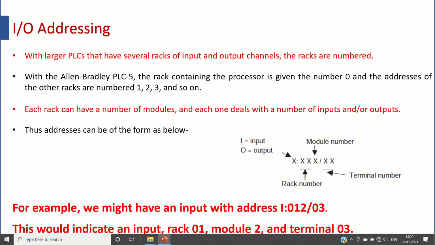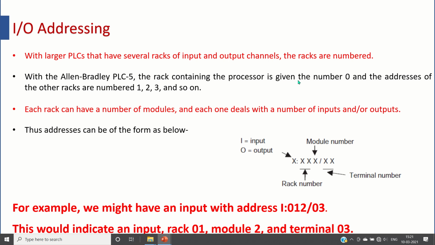Now, a bit confusing terminologies appear when you have larger PLCs that have several racks of input and output channels. Here first you need to number the rack, then you need to number the channel. Let us take the example of Allen Bradley PLC 5, which is one of the master PLCs in industry.